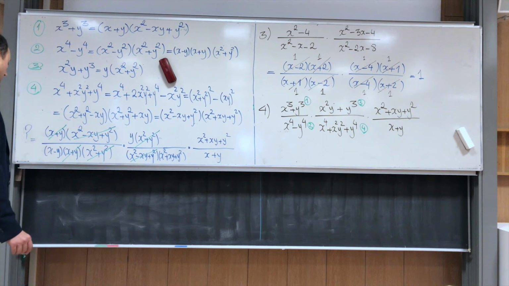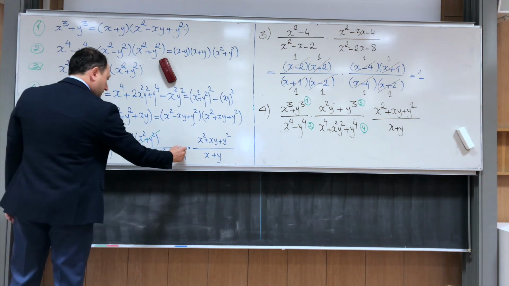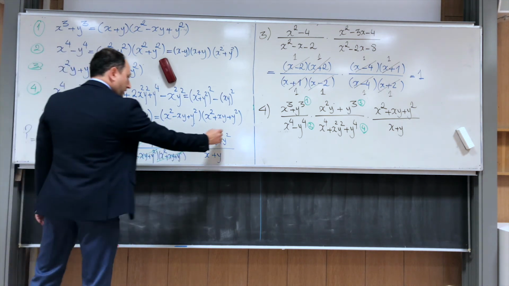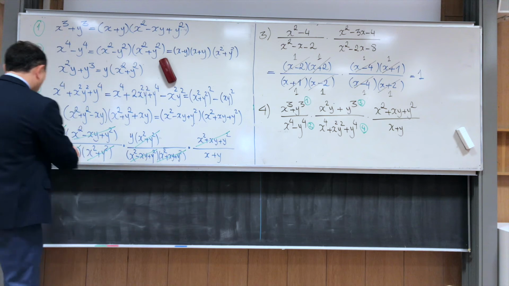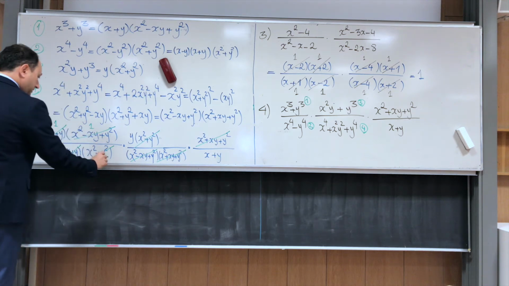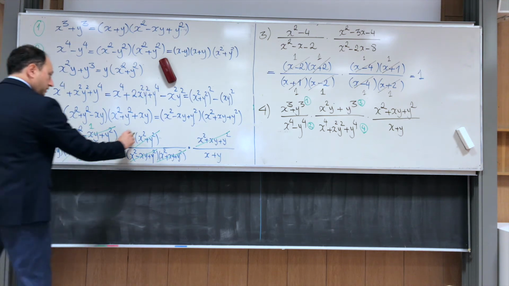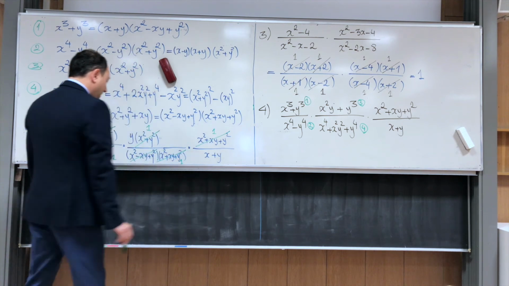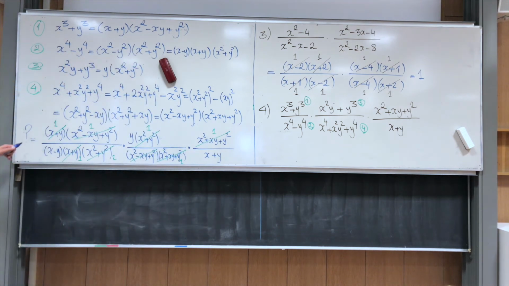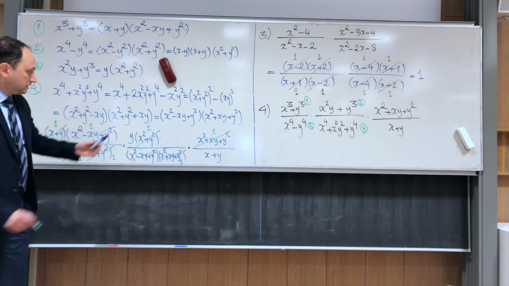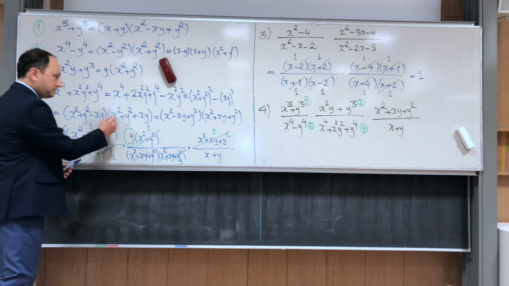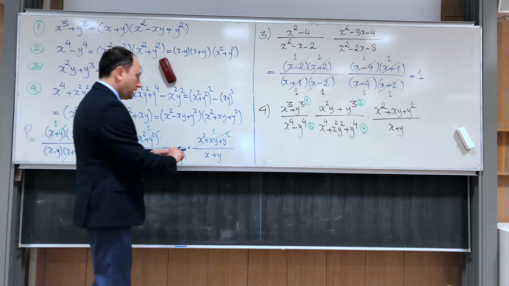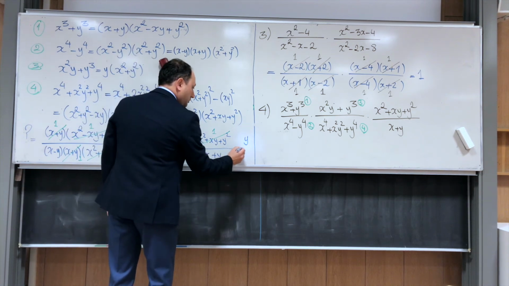I have this one simplified with that one, so all of these are left with 1. Let me write them to make sure no confusion arises. So it's 1, 1, 1, and 1y here. So this is y left, and the answer would be y in the numerator.